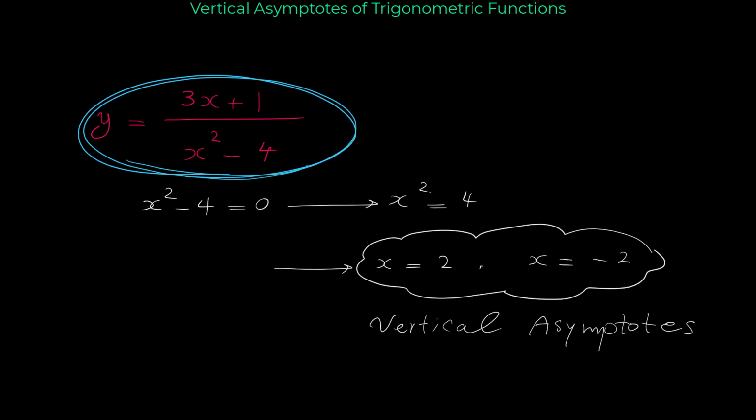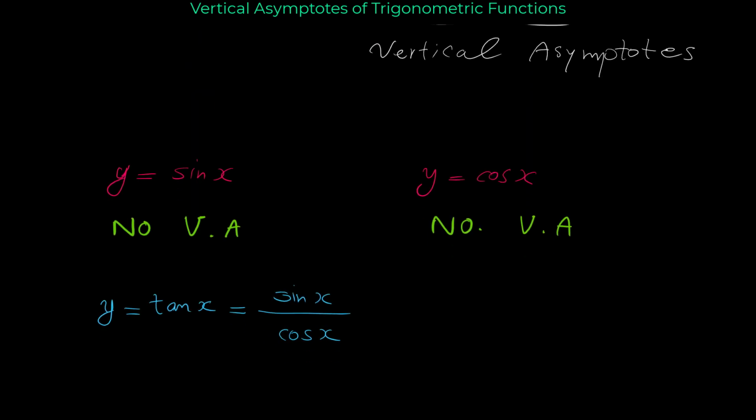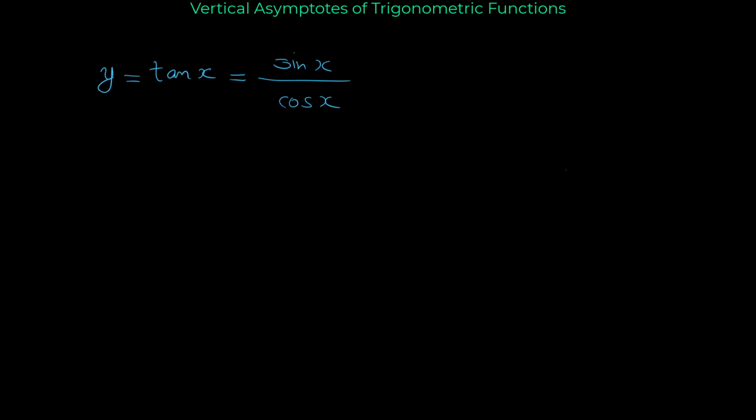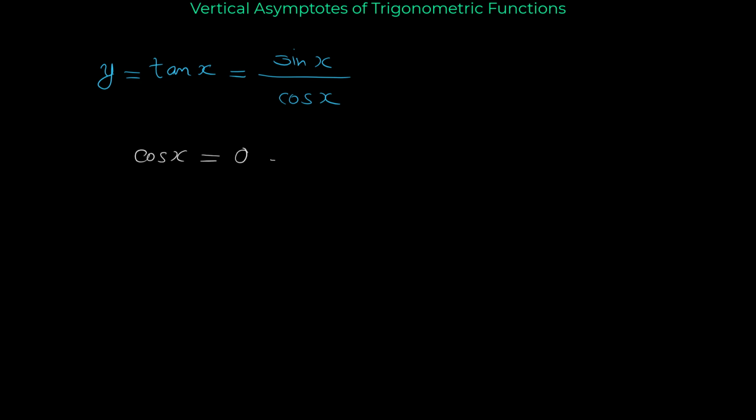How do we find the vertical asymptote for these functions? Set the denominator equal to 0. So you have to do the same thing here. For finding the vertical asymptote of tangent x, write tangent as sine over cosine. Now simply set the denominator equal to 0.